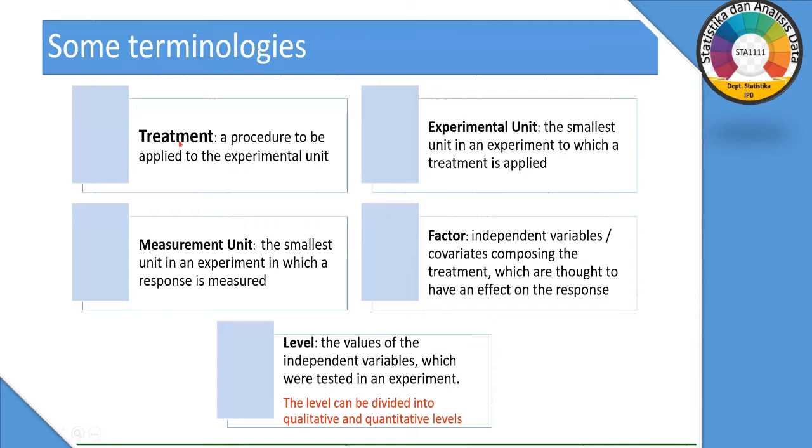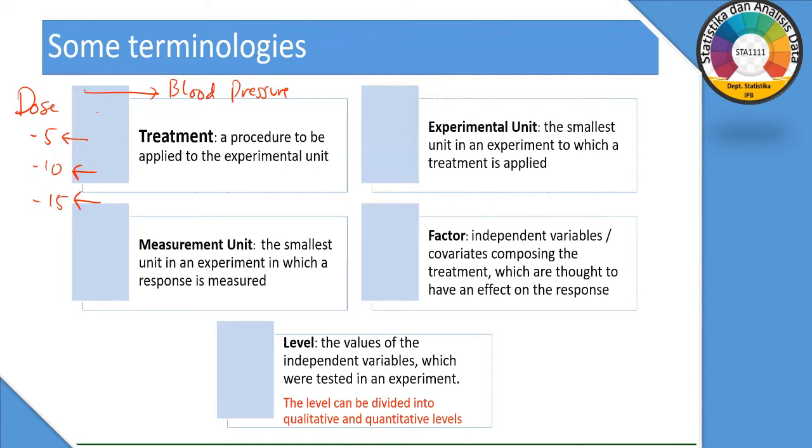The treatment is any value of dose, either 5 units, or maybe 10 units, or maybe 15, right? Let's say we want to apply 5, 10, or 15 to blood pressure. So here is the treatment. Either you apply 5 or maybe 10 or 15. This one is the treatment, right?